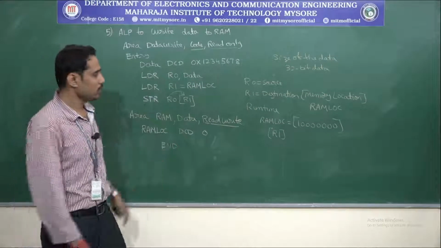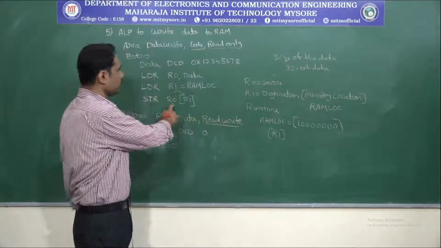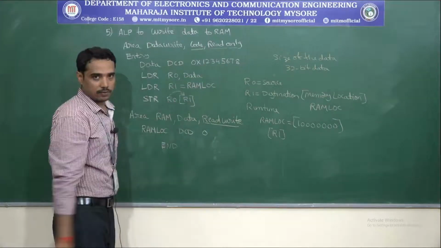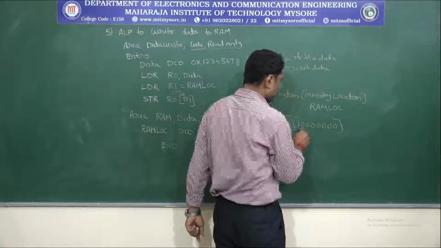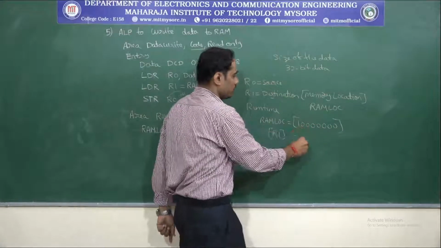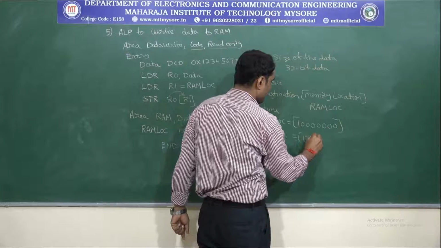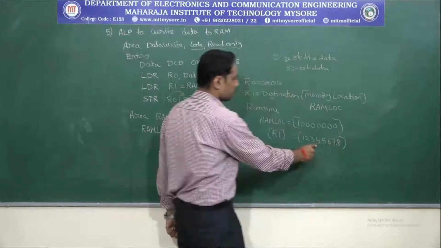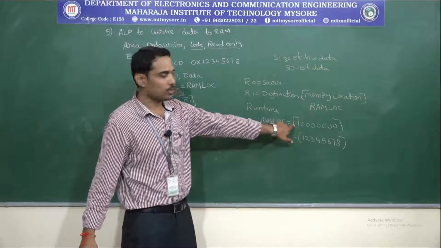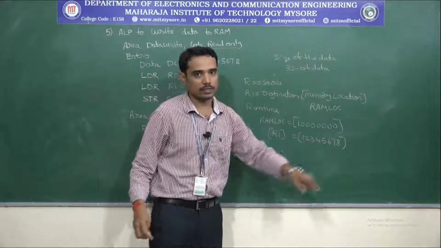After execution, what happens? The content of R0 is what? 1, 2, 3, 4, 5, 6, 7, 8. This content is placed inside the memory location 1 followed by 7 zeros. After execution, the value inside this memory location will be 1, 2, 3, 4, 5, 6, 7, 8.